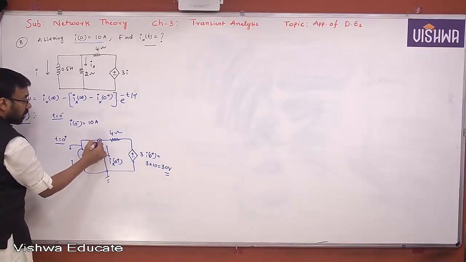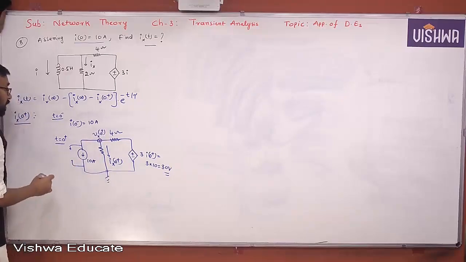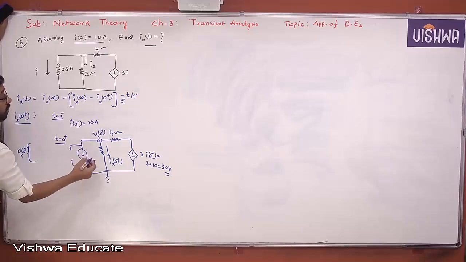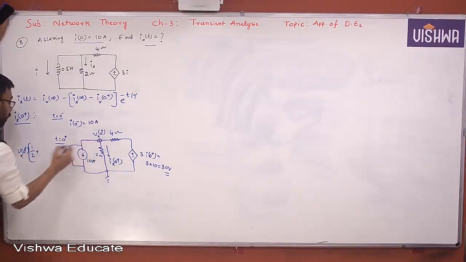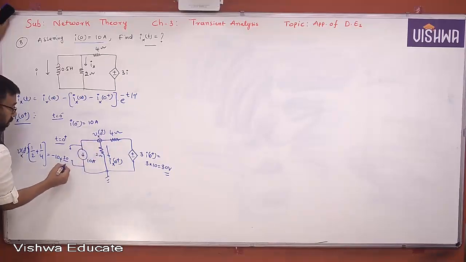Therefore, let's go for Vx of 0 plus. Let's go with the node analysis. Vx of 0 plus into 1 by 2 plus 1 by 4 is equal to minus 10 plus 30 by 4.